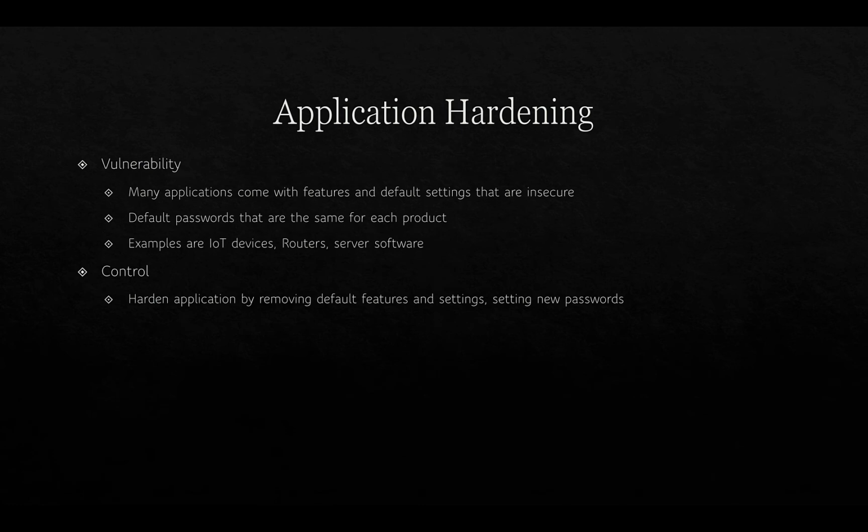So application hardening, which I've mentioned before, is where many applications come with features and default settings that are insecure. They may come with default passwords that are the same for each product.